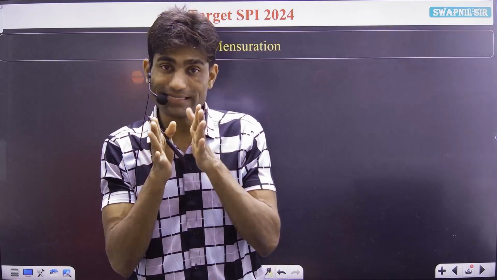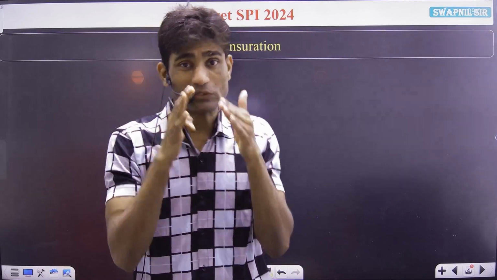Based on these solid shapes, you will get near about 13 to 15 examples in your SPI exam. So make sure you understand these formulas first and solve more examples, and you will get this concept very well.